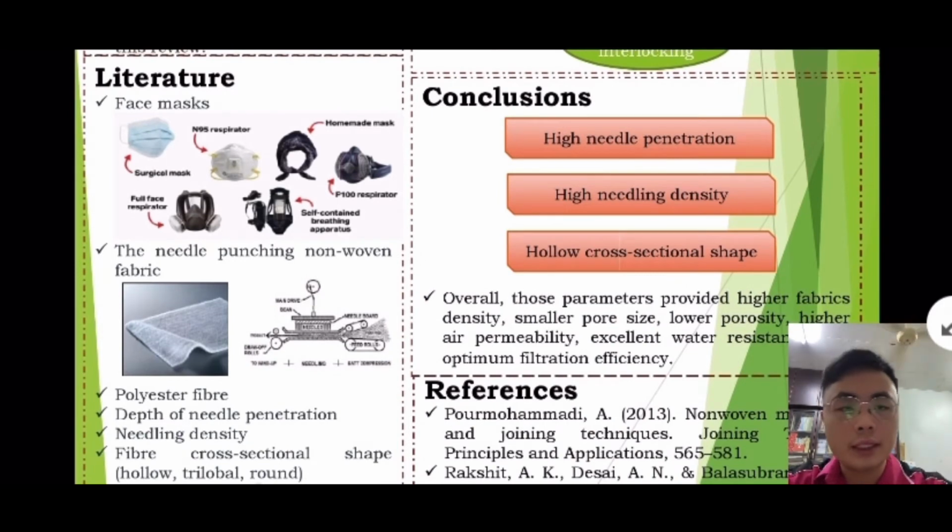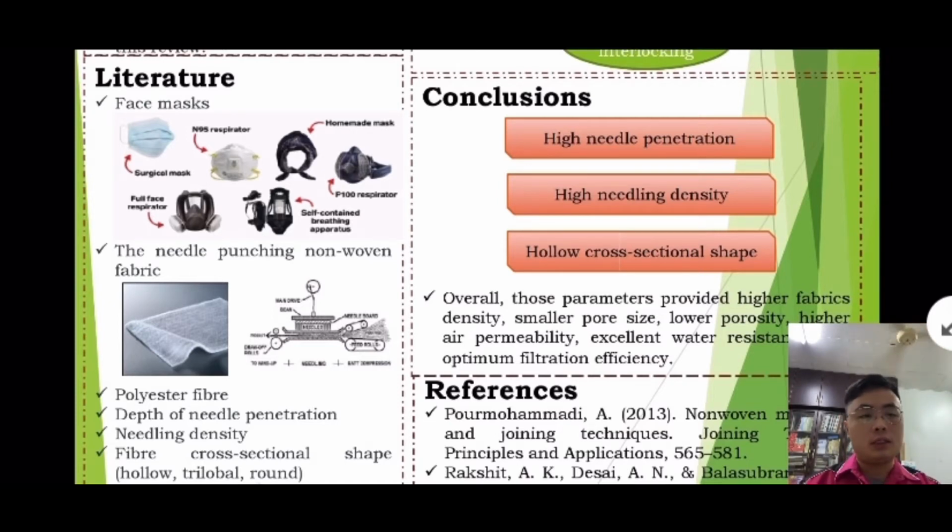So now we look at the literature. Basically, face masks are used to protect the wearer by covering their nose and mouth to create a barrier that limits the transmission of bacteria between healthy and sick persons. Face masks are made using the non-woven method because they have excellent air permeability, low production cost, and optimum filtration efficiency depending on the characteristics of the non-woven mat produced.